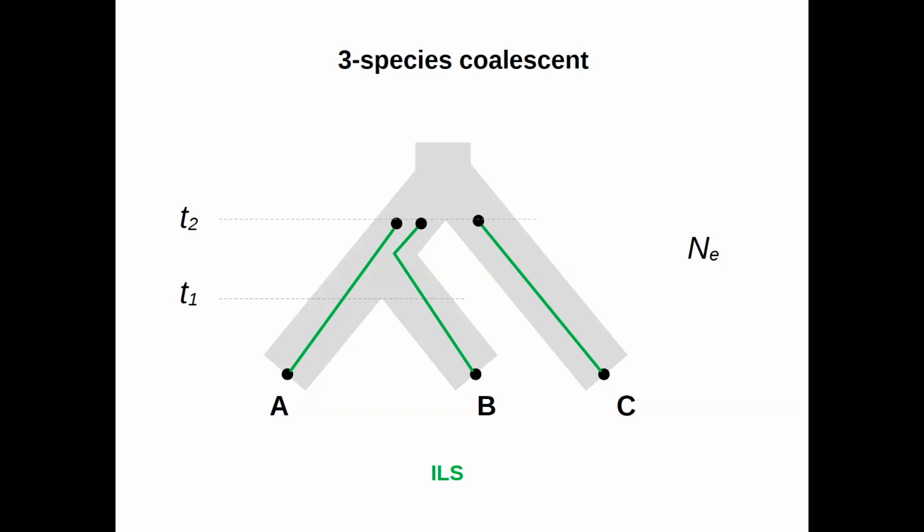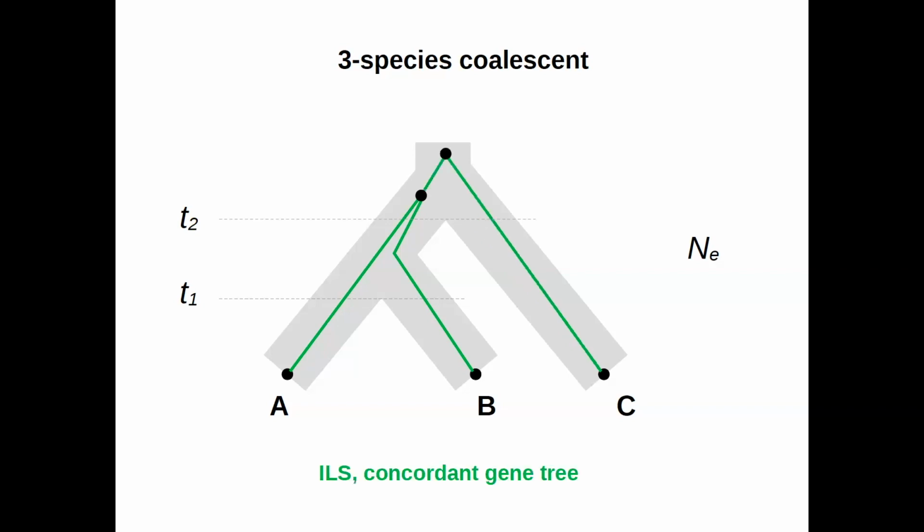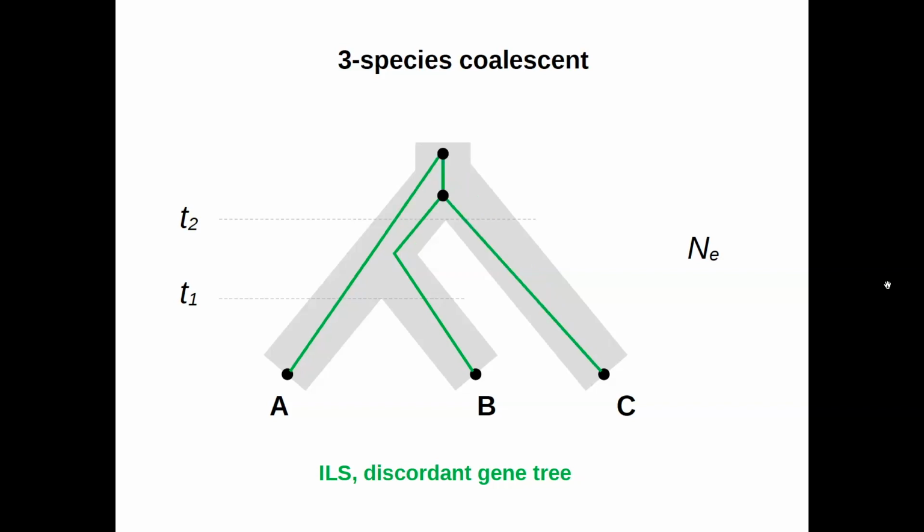If we're lucky, in the next slide, A and B coalesce first, and then, next slide, they coalesce with C, and we get a gene tree that, again, shares the same topology as the species tree. But this only happens with probability 1/3. Because with the same probability, next slide, B and C coalesce first, and we get another topology.